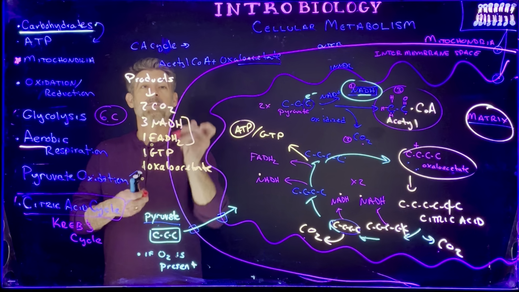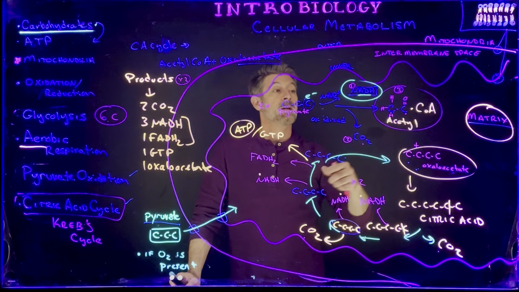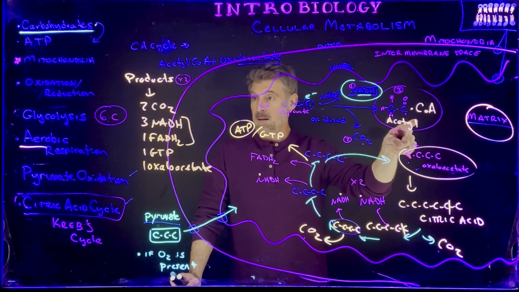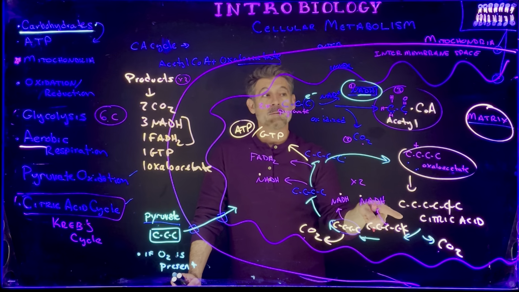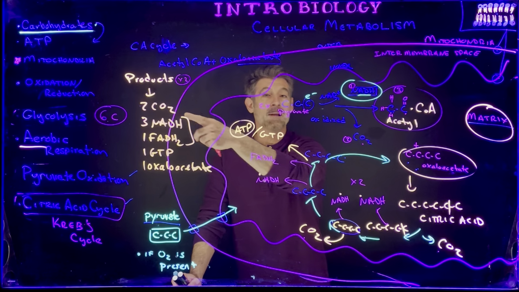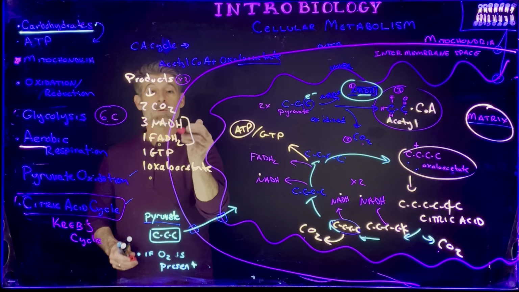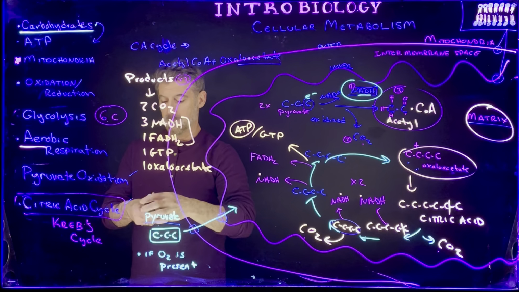All these products would be times 2, right? Because for every 1 acetyl-CoA, this is what would happen. But there are going to be 2 acetyl-CoAs because there were 2 pyruvates from each glucose. So for every 1 glucose, this will be adding up.